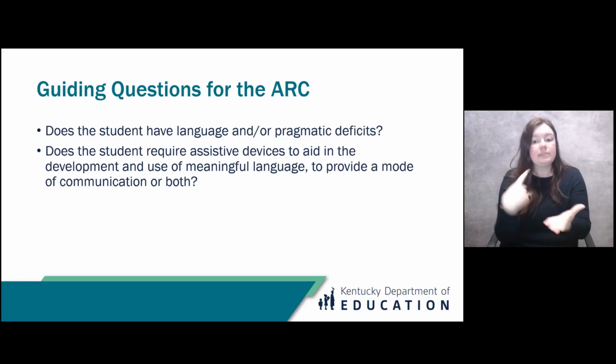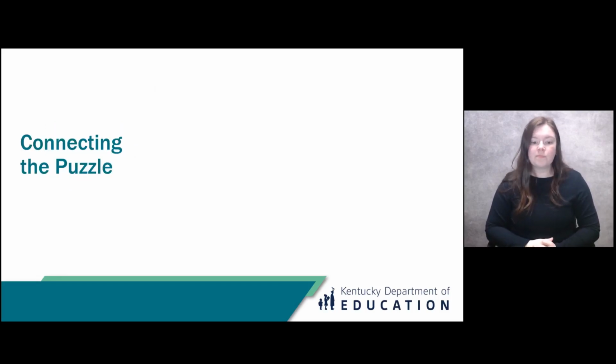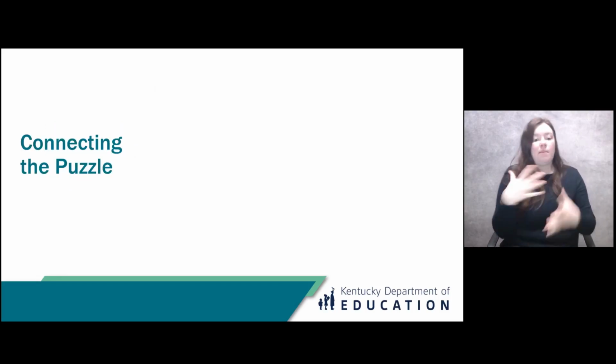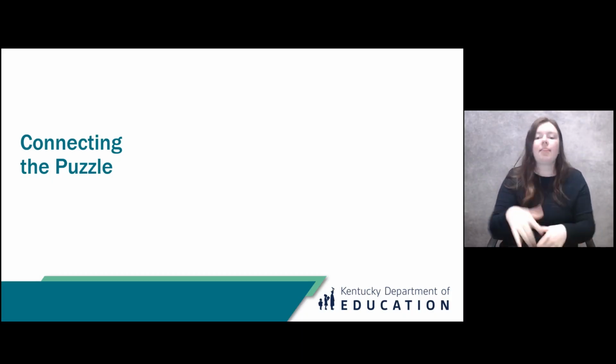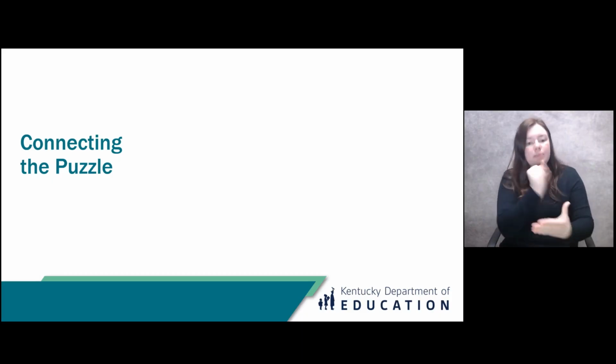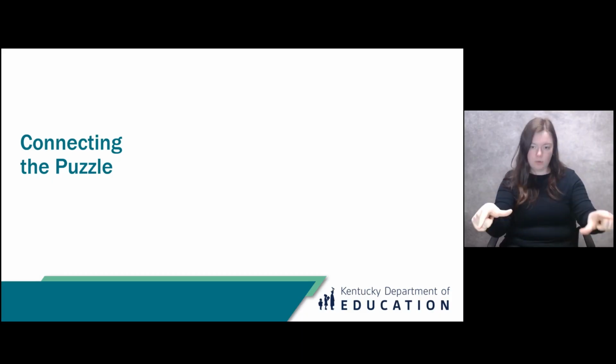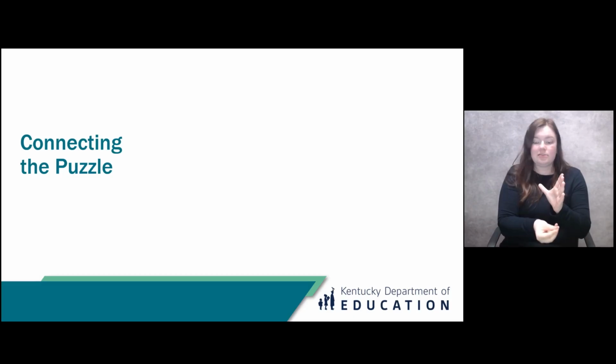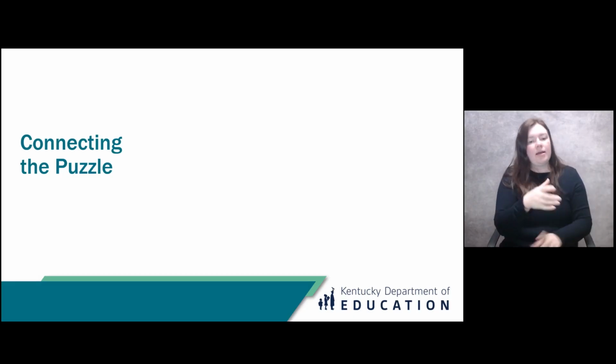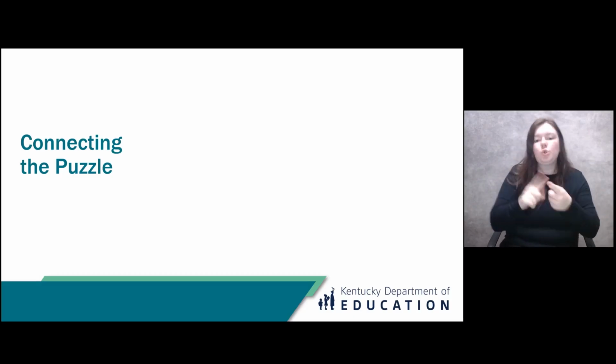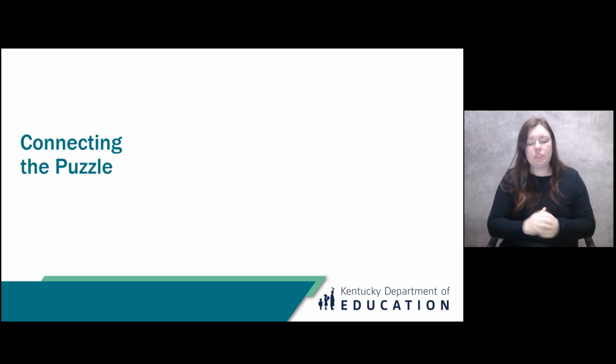Now, let's discuss some of the ways ARCs should ensure the IEP is comprehensive, consistent, and compliant. As mentioned in the previous slides, communication addresses the areas of disfluencies, impaired articulation, language impairment, voice impairment, delayed acquisition of language, or an absence of language, and the student's communication needs in order to receive instruction and communicate academically and socially.